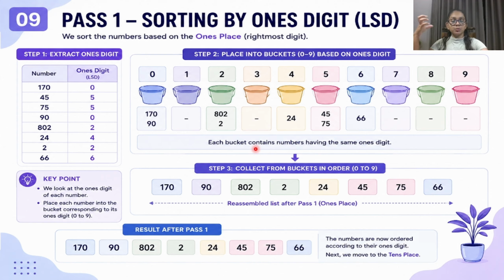So after pass 1, our order is 170, 90, 802, 2, 24, 45, 75 and 66. It might look strange because the numbers aren't fully sorted yet, and that's completely normal. We've only considered the ones digit. Now let's move one position to the left.